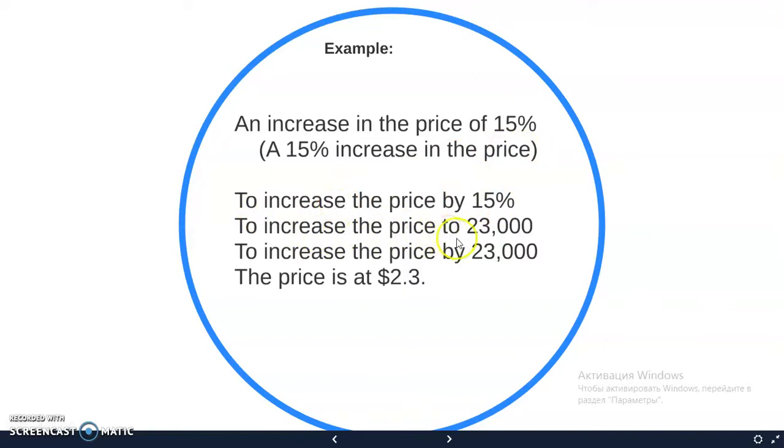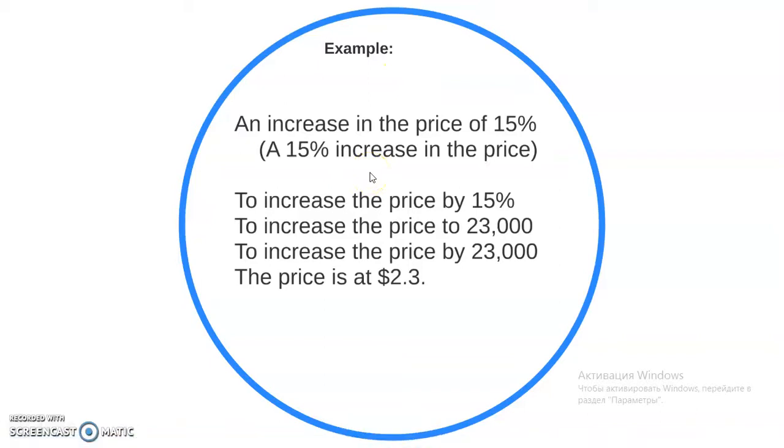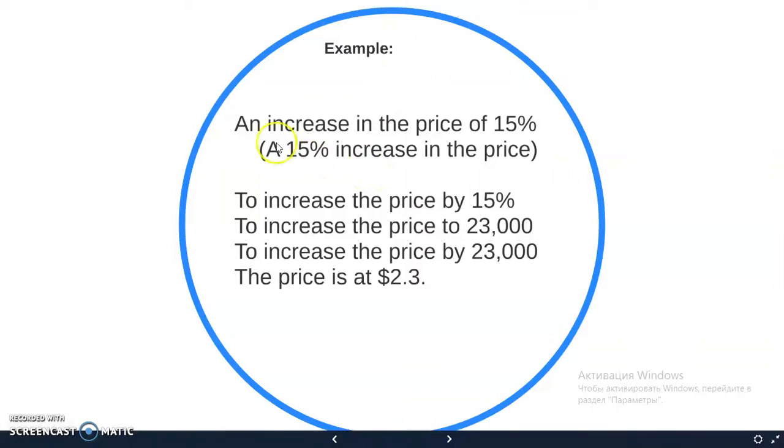To increase the price to 23,000, to increase the price by 23,000, the price is at $2.3. So you see, increase is used as a noun and increase is used as a verb. In order to show that we know more than one structure, we should know these two structures.